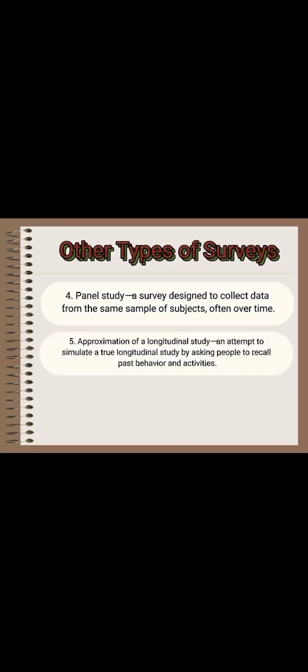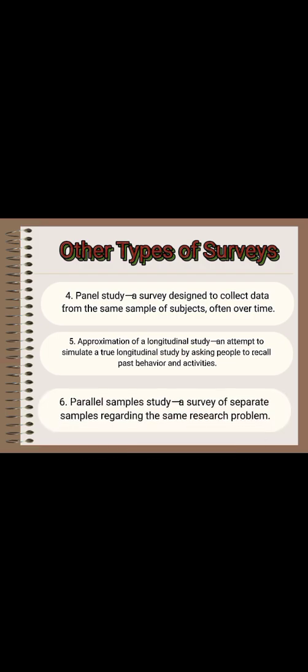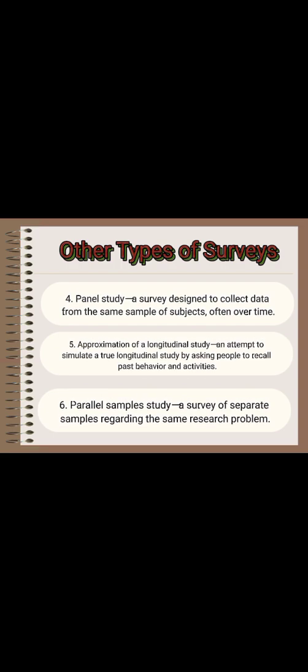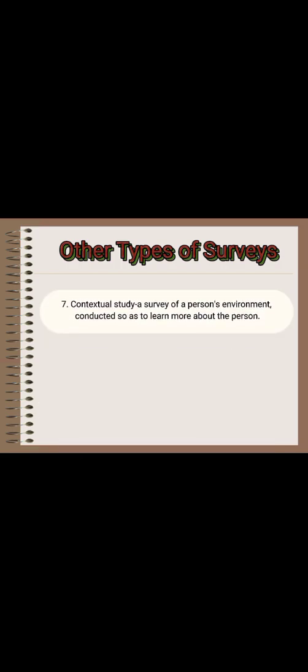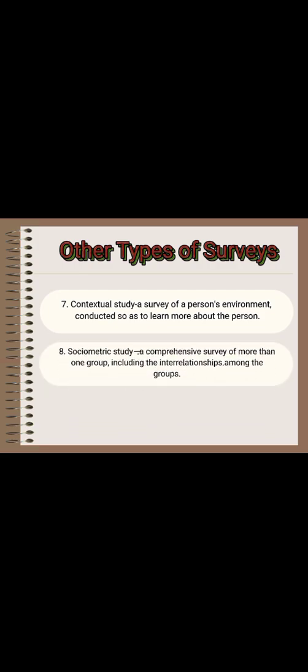5. Approximation of a longitudinal study. An attempt to simulate a true longitudinal study by asking people to recall past behavior and activities. 6. Parallel sample study. A survey of separate samples regarding the same research problem. 7. Contextual study. A survey of a person's environment, conducted so as to learn more about the person. 8.